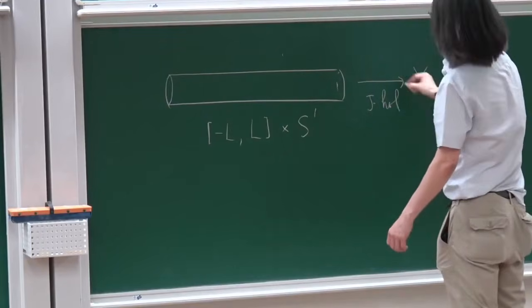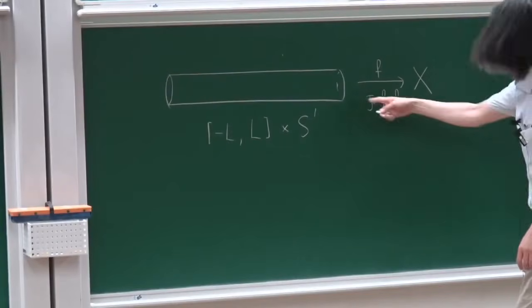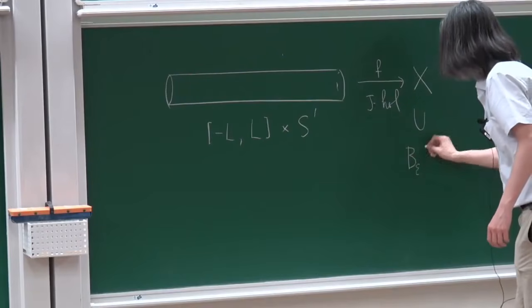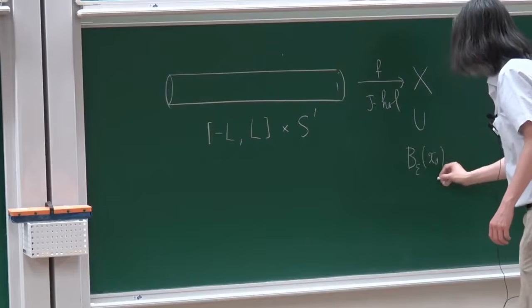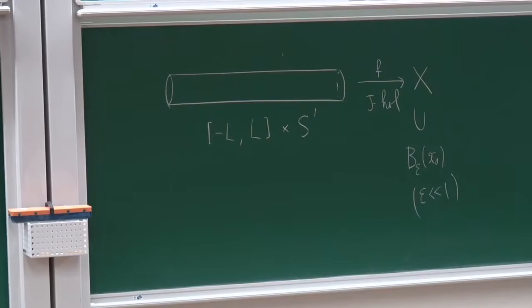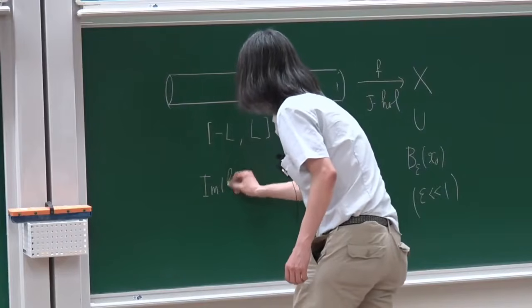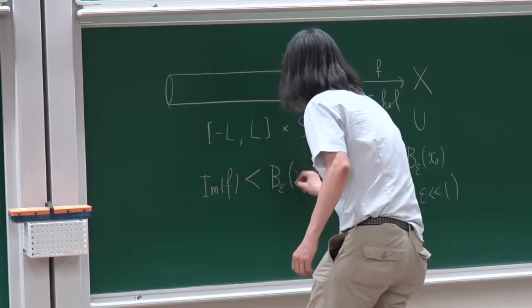Here maybe I just write it F. And so that the image is contained in a tiny neighborhood of some point, maybe x_0, so like B_epsilon(x_0), where epsilon may be a certain small number. Okay, so let's suppose that the image of F is contained in this B_epsilon(x_0).